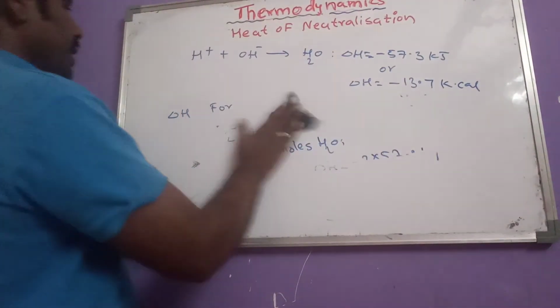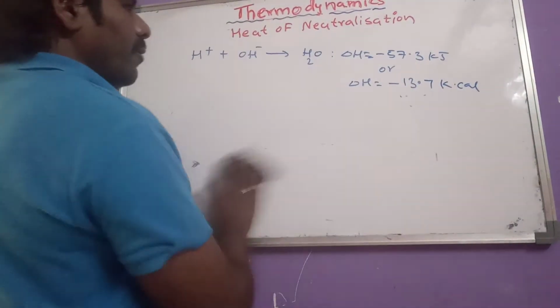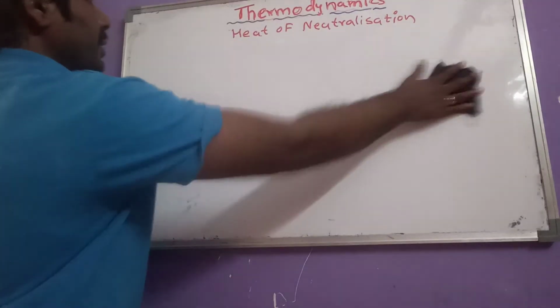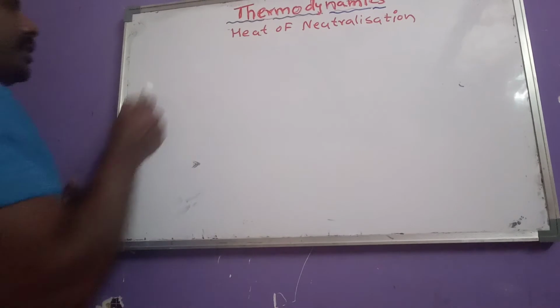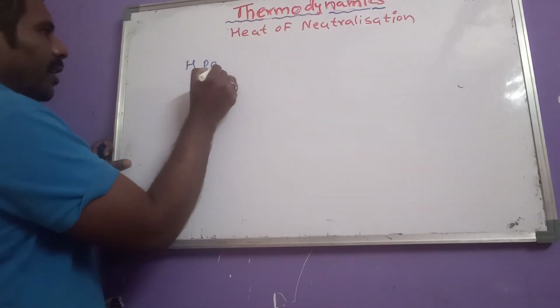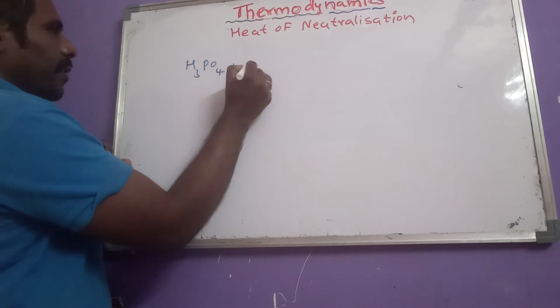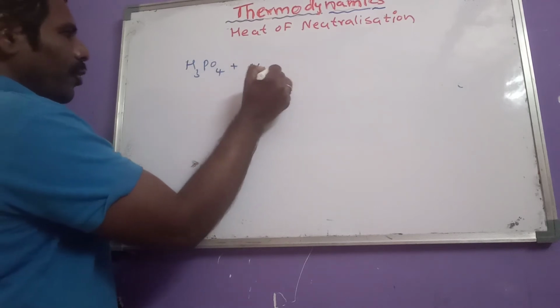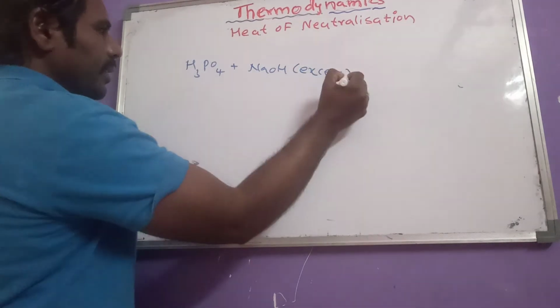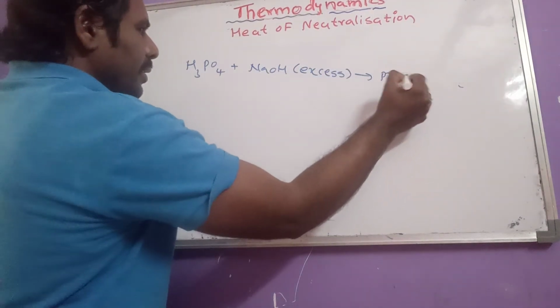And then another type of question. What is another type of question? Let us see here. H3PO4, orthophosphoric acid, plus NaOH in brackets excess, gives products.